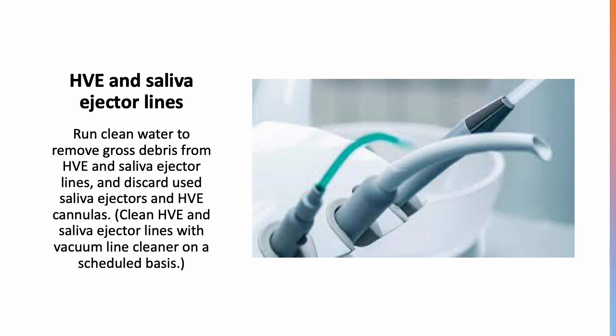But don't forget, when you want to clean the vacuum lines and the chair side traps, you shouldn't use bleach or chlorine containing cleaners, because if there is amalgam, it may lead to dissolution of solid mercury.